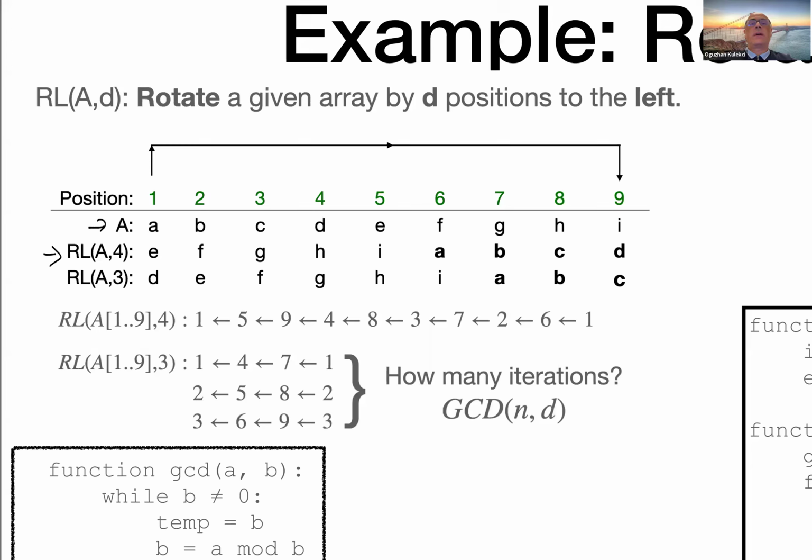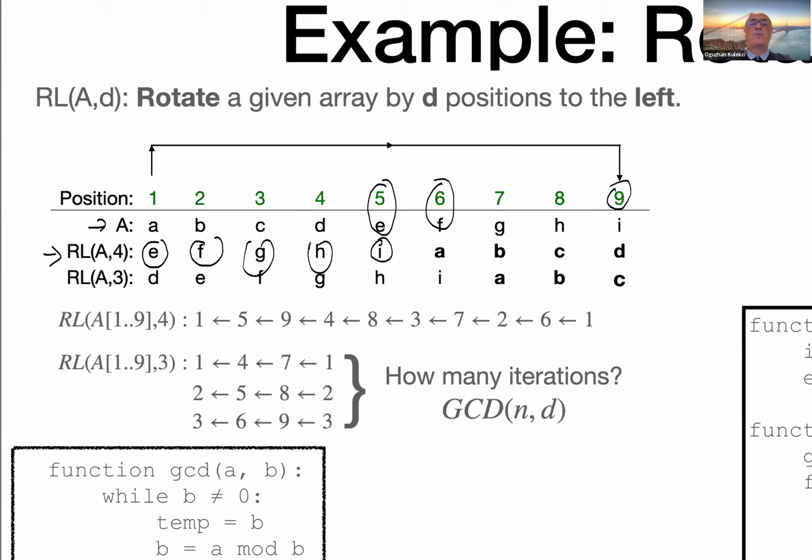I can compute that the element at position 5 will go to position 1, right? Then position 6 will go to position 2, and position 9 will go to position 5. So these are the easy ones, right? What else do I know?